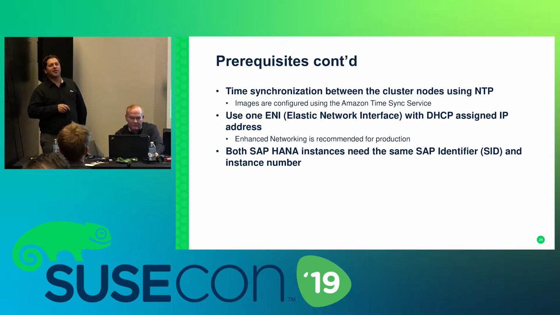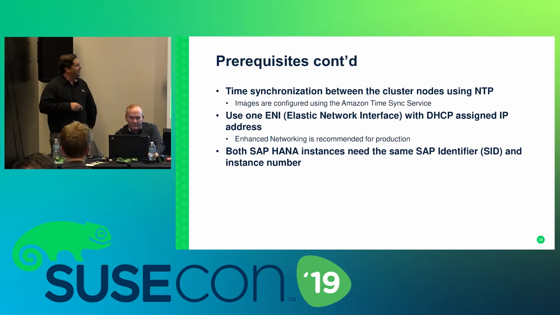That first one is critical. I've run into multiple issues because of time sync problems, and I'm sure you all have encountered that at some point in your careers. So that's a very critical one. And I guess that's all I will say about that.